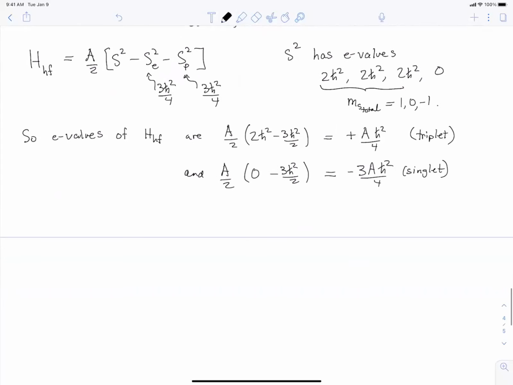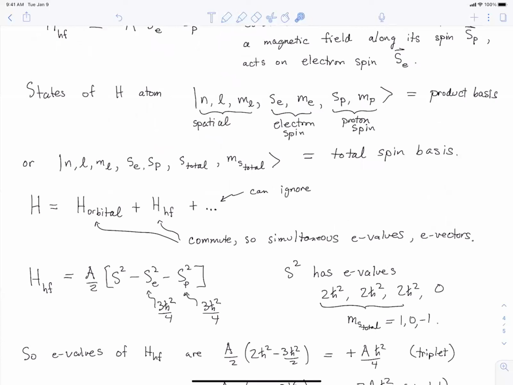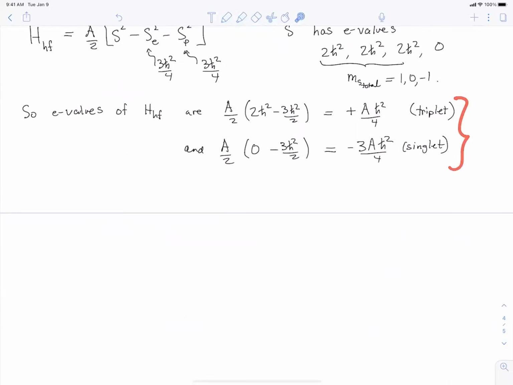Okay, and so each state that we had before, and by that I mean if you paid attention only to these eigenvalues, each of these eigenvalue states is going to get split apart depending on the spins. And we've just worked out how they get split apart. Okay, and so each state gets slightly split.